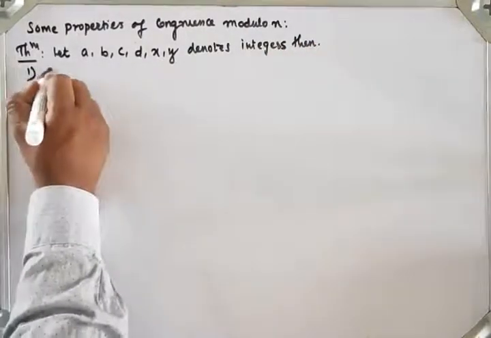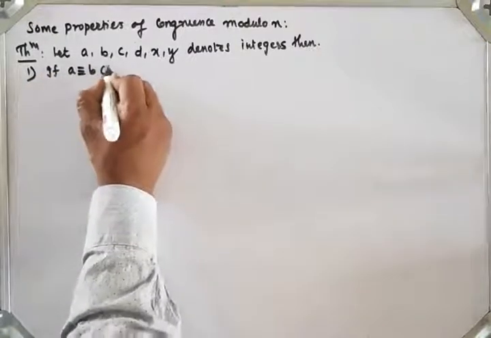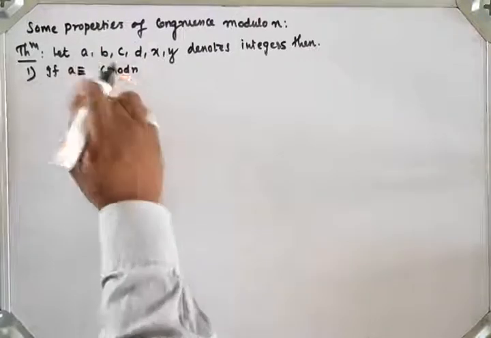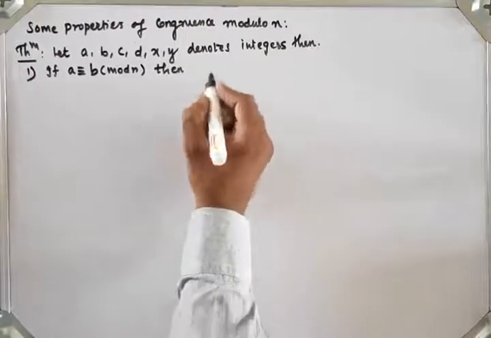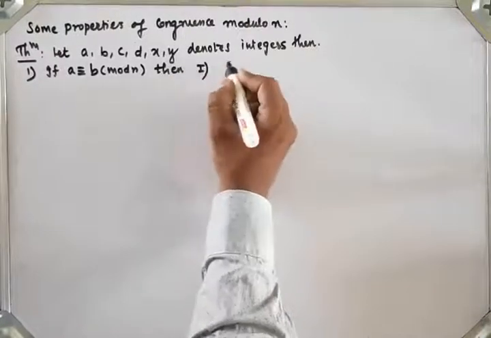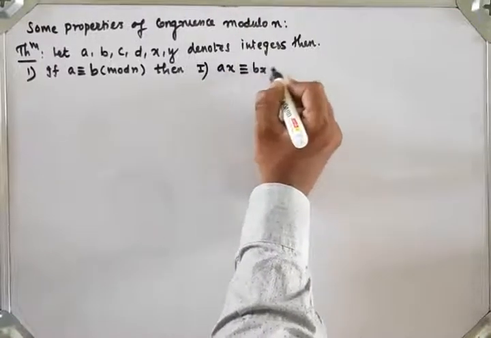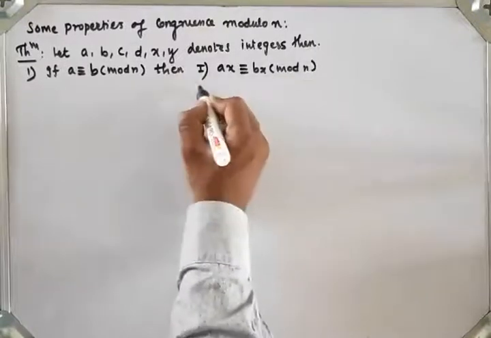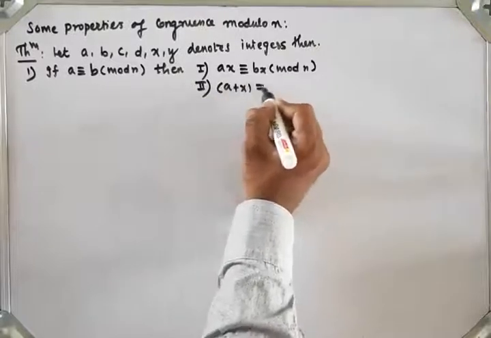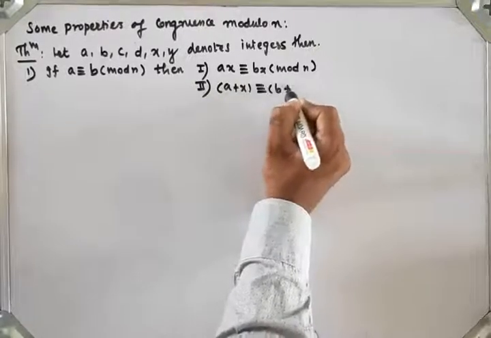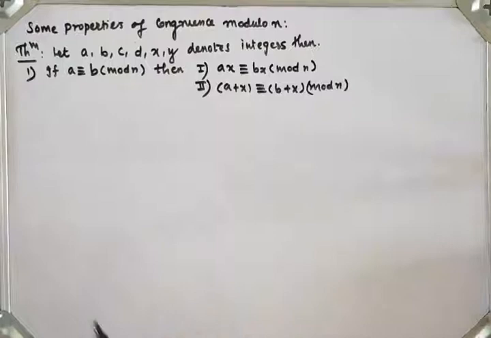First, if a is congruent to b modulo n, then show that ax is also congruent to bx modulo n, and show that a plus x is congruent to b plus x modulo n.